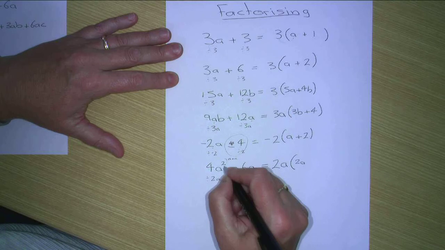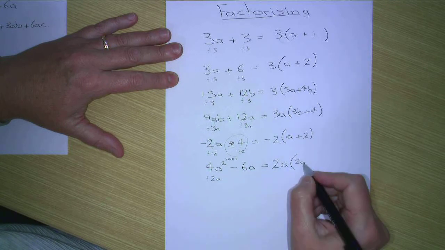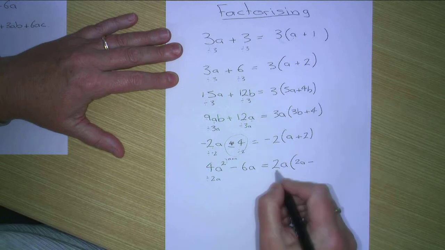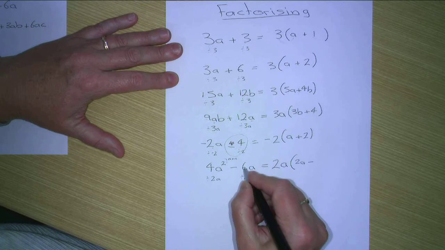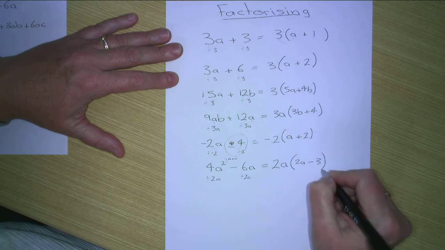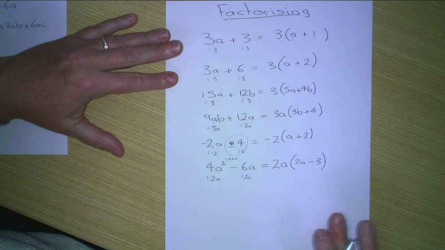So if I divide that by a, I'm left with an a. Then minus, if I divide this by 2a, 6 divided by 2 is 3, a divided by a is 1, so there's my answer. Be very careful with that one. Alright, good luck with factorising.